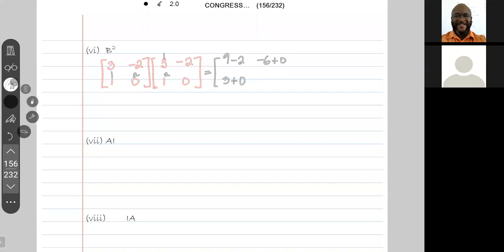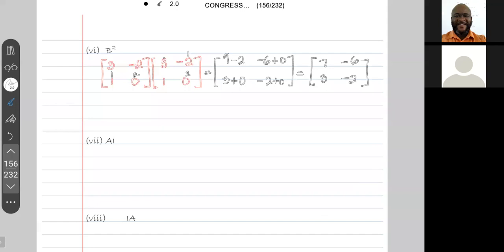Now bottom row, right column. 1 times -2 is -2. 0 times 0 is 0. So the final answer is [7, -6; 3, -2].